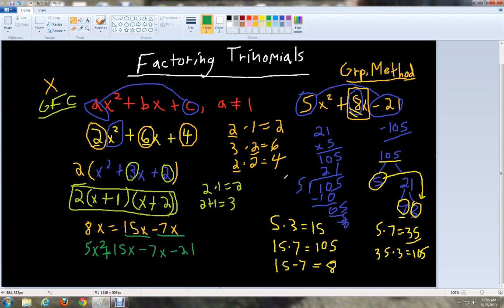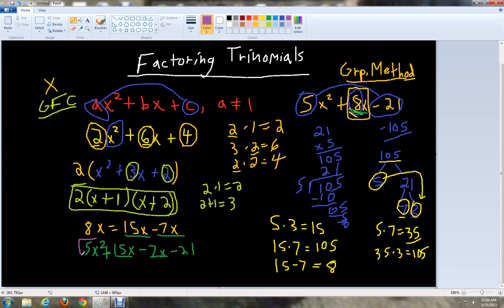So you see what I did? I just replaced this 8x term with 15x minus 7x, because 15x minus 7x is 8x. And now I use a technique called factor by grouping. So the factor by grouping goes like this.